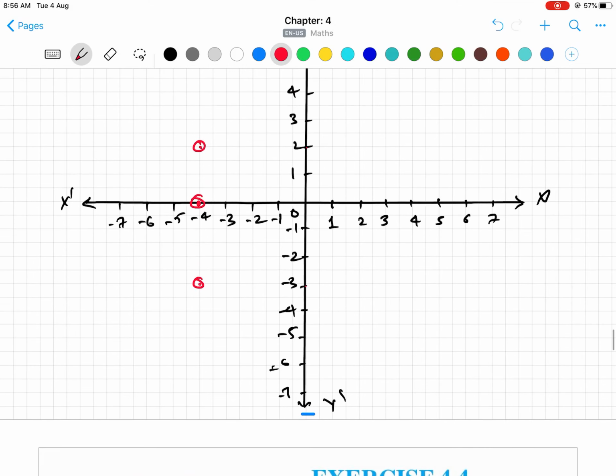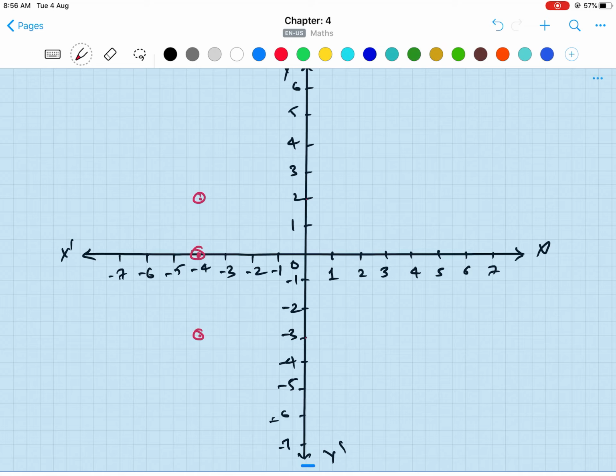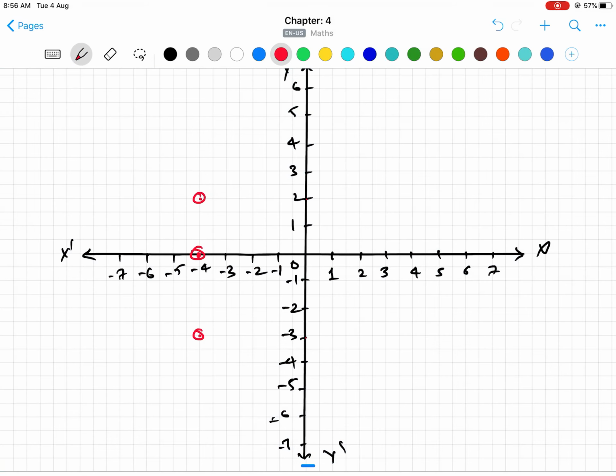You can see that when you join these points, you will get a line which is parallel to the y-axis.